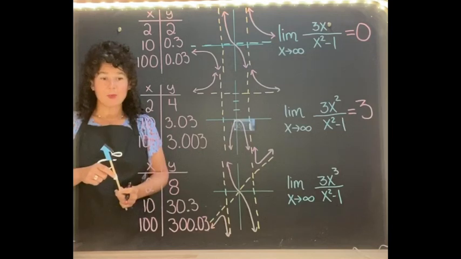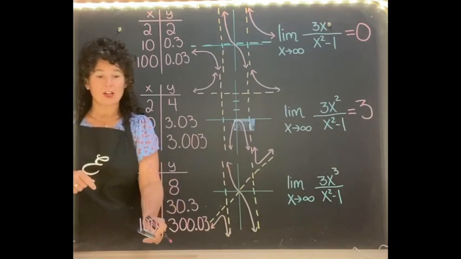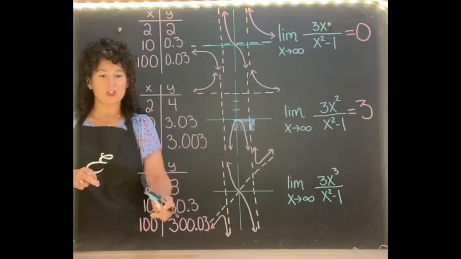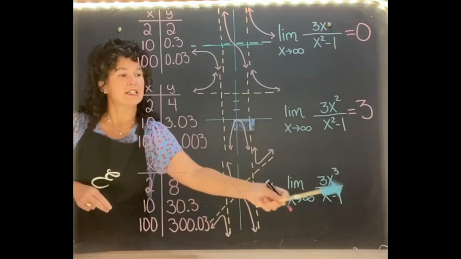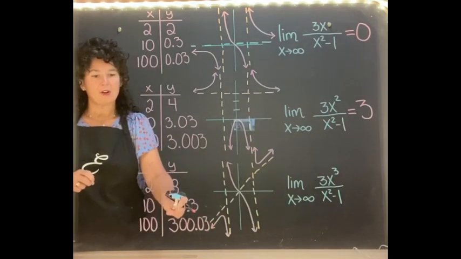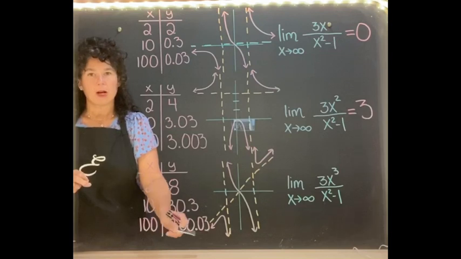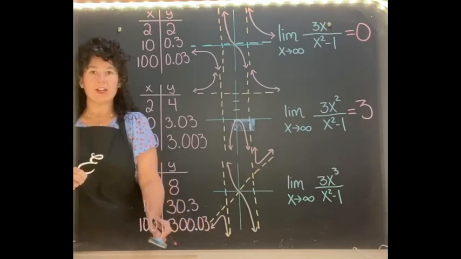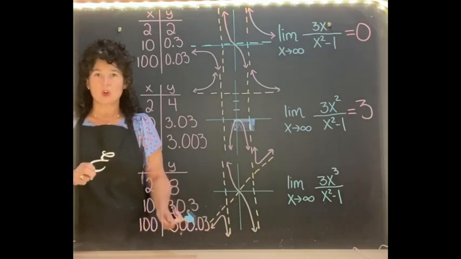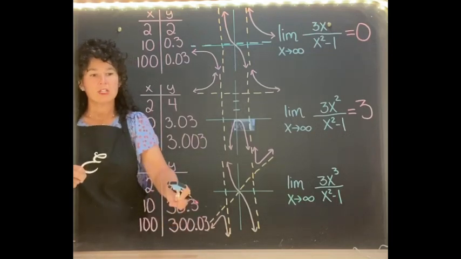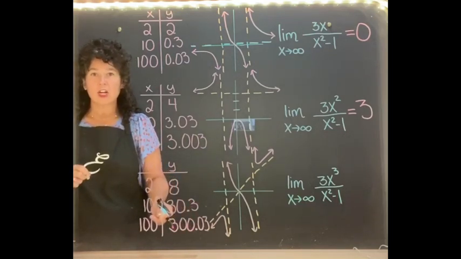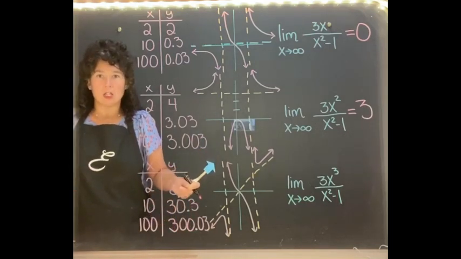The third example, when I substitute values that are larger and larger, 2, 10, and 100, into this function, I get out 8, 30, about 300.03. If I did 1,000, we'd be at just over 3,000. So these y coordinates are getting larger and larger and really large.